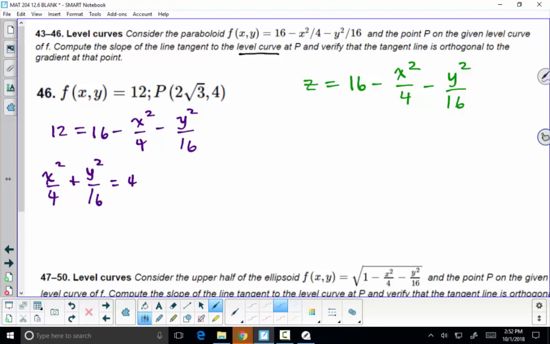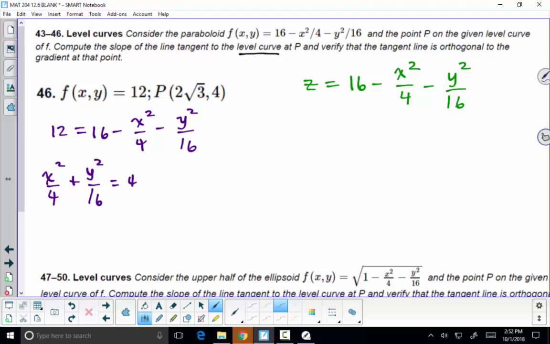So there's our level curve in the xy plane. It's living in the domain, and that point's on it. Okay, so compute the slope of the line tangent to the level curve.